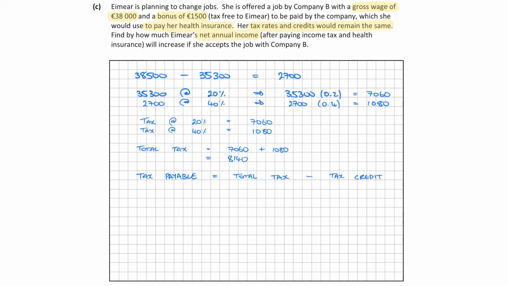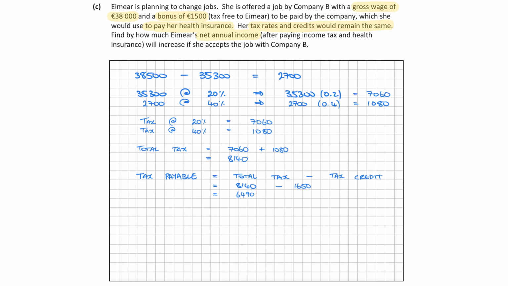Okay, so her tax payable will be 8,140, and I'm going to subtract the tax credit, which we knew from the first part of that question was 1,650. And if we take that away, we'll be left with 6,490.